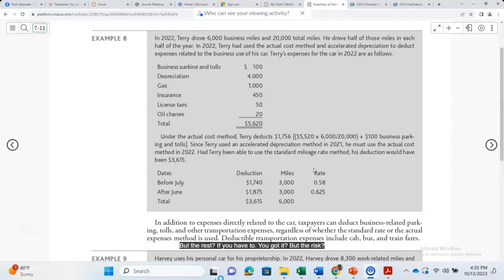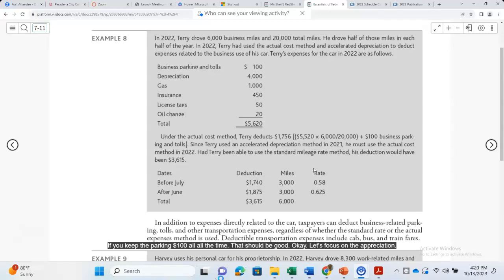But for the rest, you have to go with a percentage of business and personal use. So in that bottom line number, the 3,615, plus the depreciation, plus the parking. Keep the parking $100 all the time. That should be there.